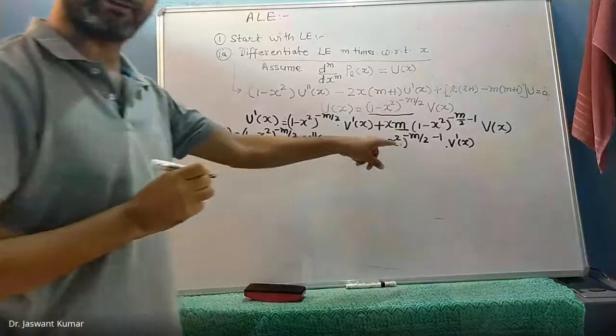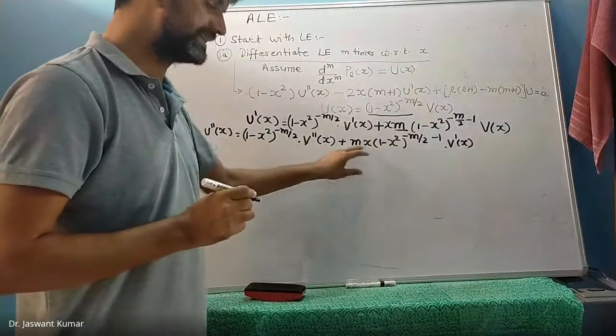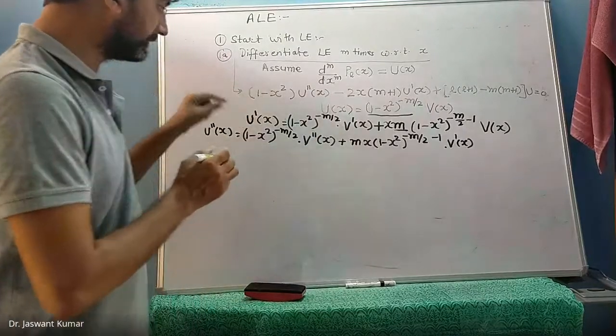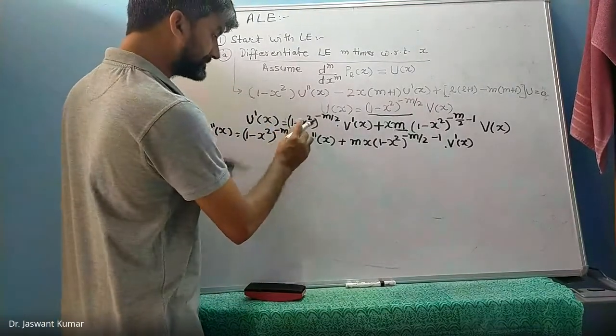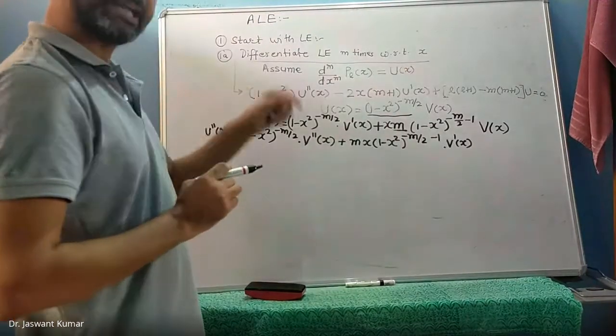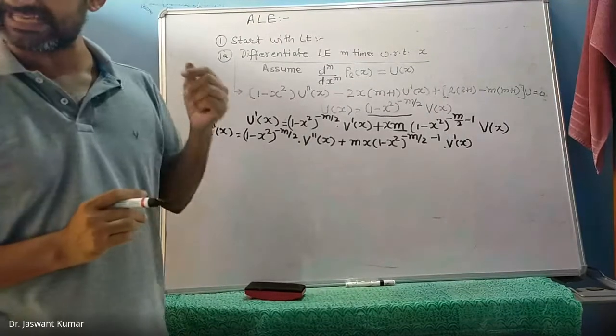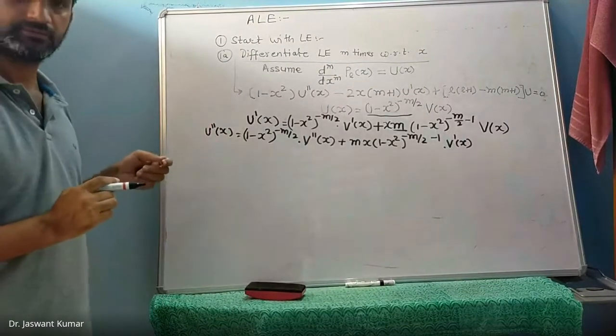Is this clear to everyone? These two terms are coming from the first derivative of this particular term. The term was 1 minus x squared to the power minus m by 2 times v dash of x. Does it make sense to all of you?